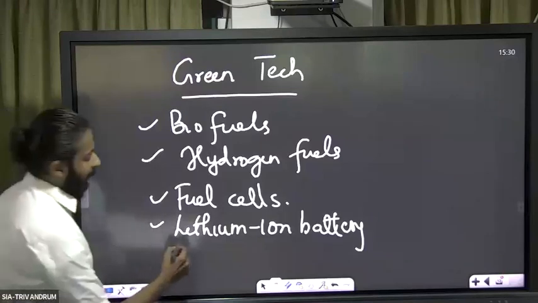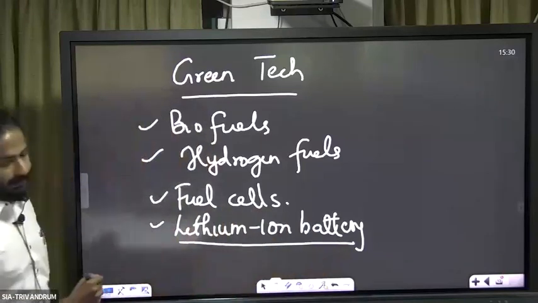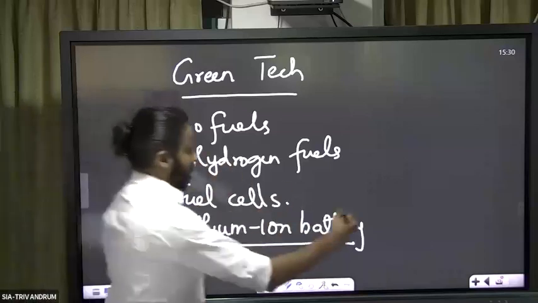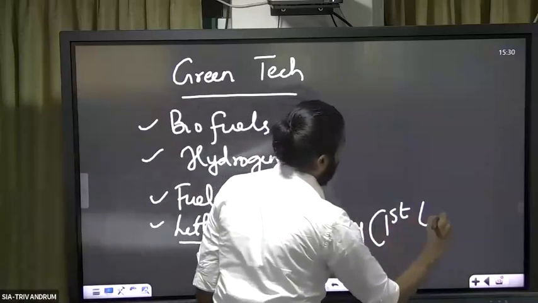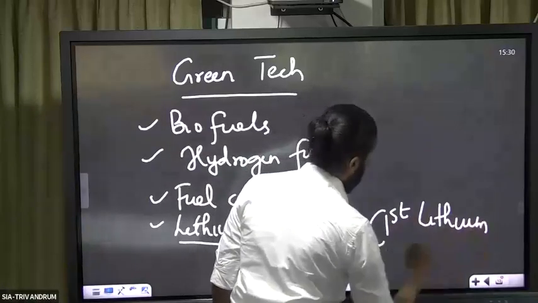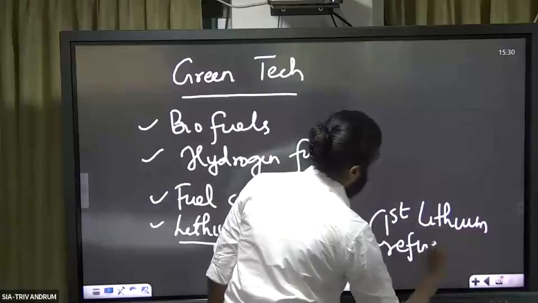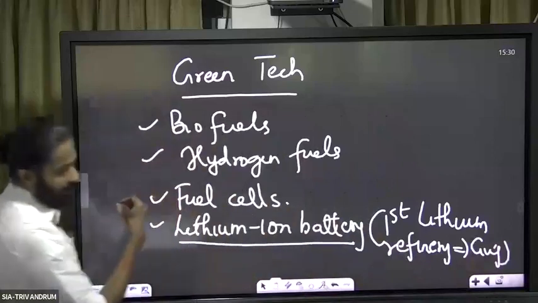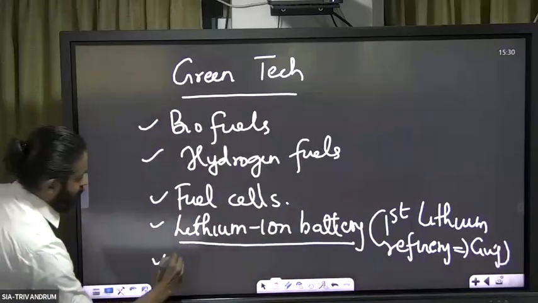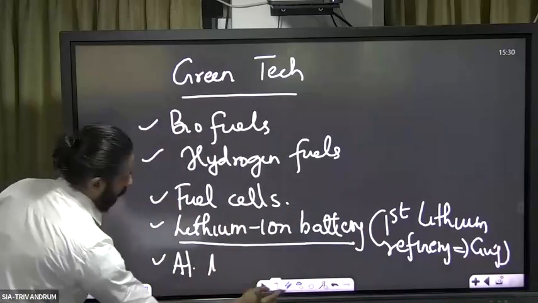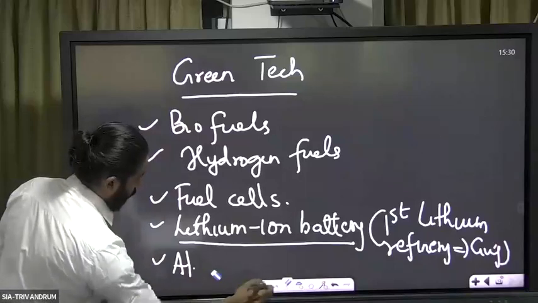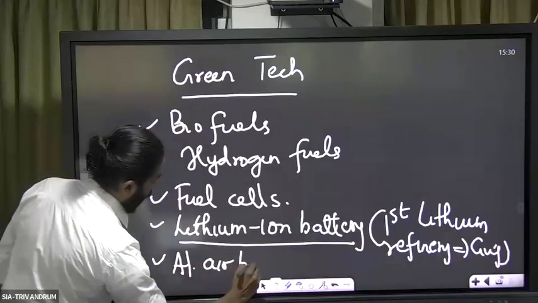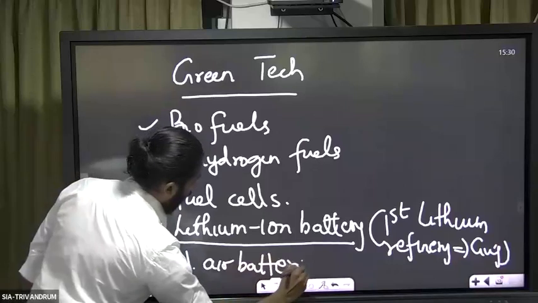We are trying to set up our first lithium refinery in Gujarat, right? So there is a possibility that they might ask about lithium ion batteries. Then aluminum air batteries.